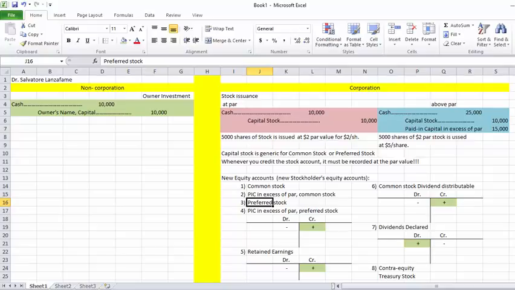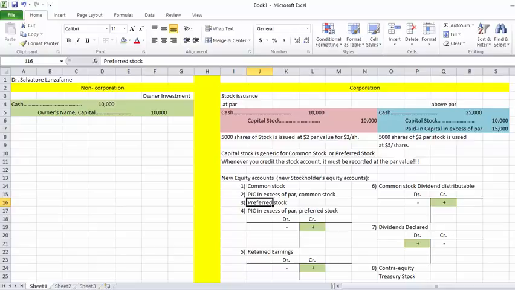But if they do issue stock at par, notice we debit cash and we credit capital stock. Or we could have credited common stock to be more specific, or credited preferred stock to be more specific. Remember, your stock account is always recorded at par. So whether you're doing the one that's in purple or the one in blue, your stock account is always at par.